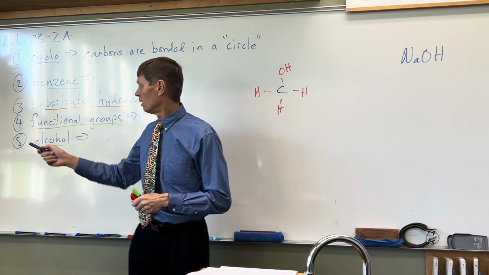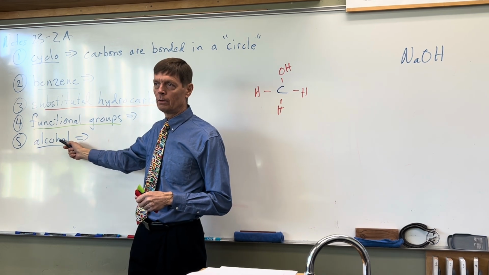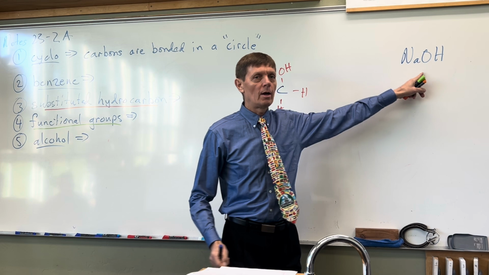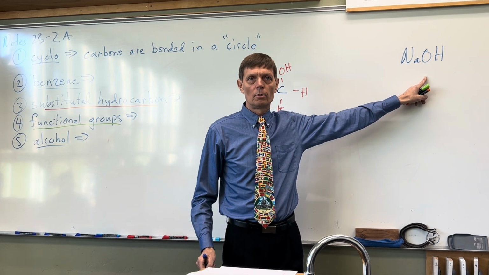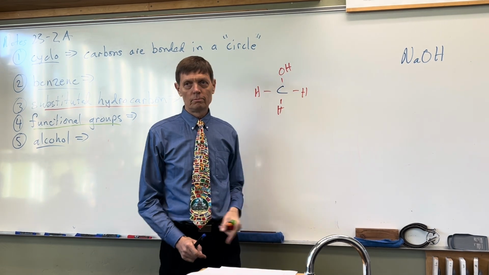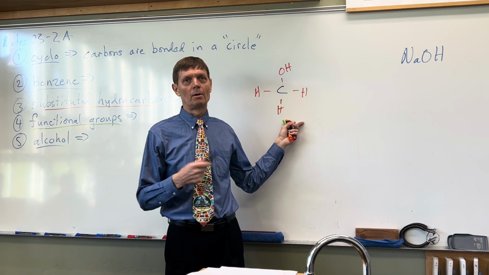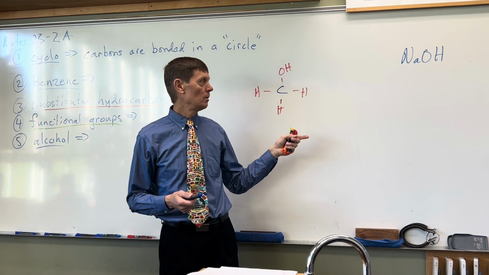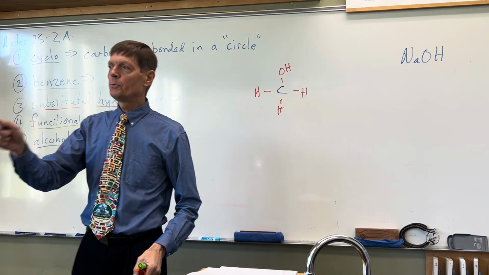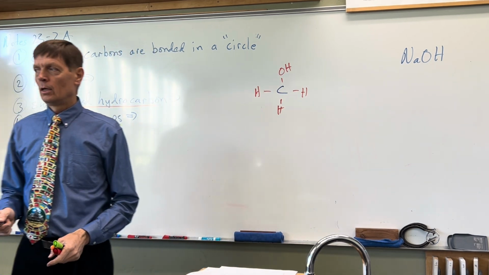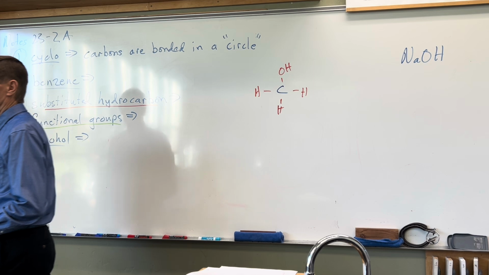It's called an alcohol, all right? Very different. Sodium hydroxide is going to burn you. This one is not going to burn you. This is poisonous, by the way. All alcohol is poisonous. It's just some are more poisonous than others.